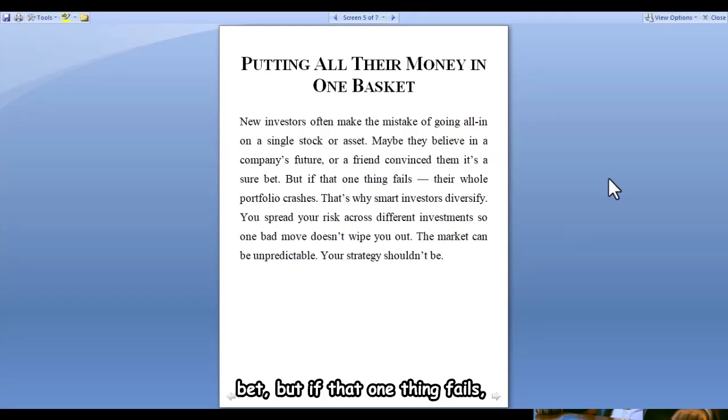But if that one thing fails, their whole portfolio crashes. That's why smart investors diversify. You spread your risk across different investments, so one bad move doesn't wipe you out. The markets can be unpredictable. Your strategy shouldn't be. So now let's go to the next one.